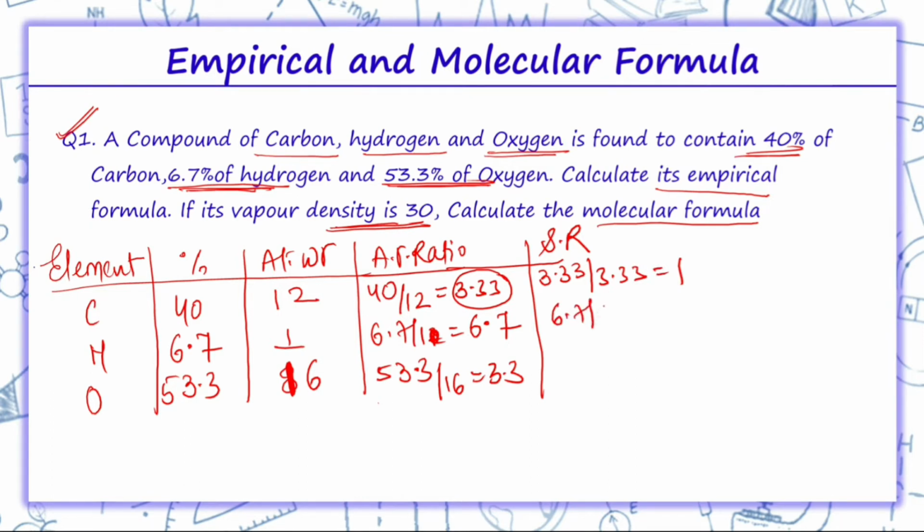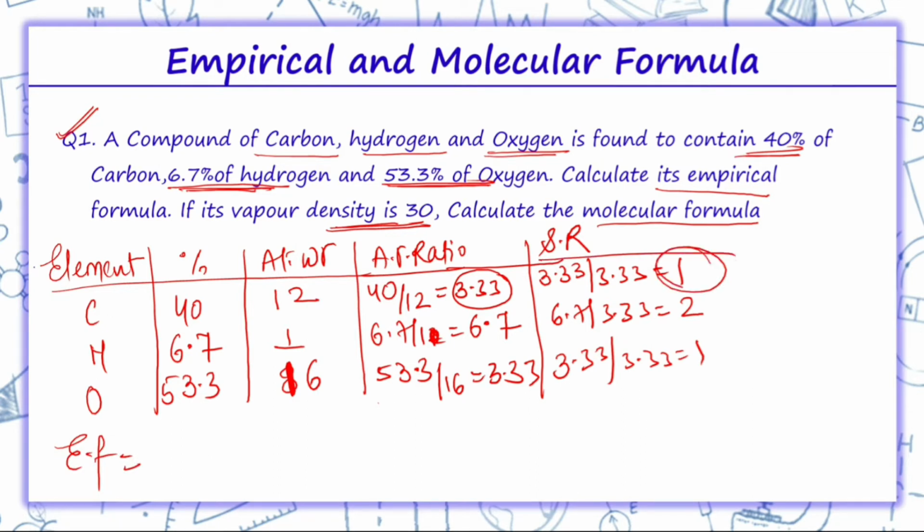Similarly 6.7 divided by 3.33, the answer is approximately 2. Again 3.33 divided by 3.33, so the answer is 1. So over here we can see the empirical formula: carbon is 1, for hydrogen the simplest ratio is 2 and for oxygen 1. So the empirical formula is CH2O.